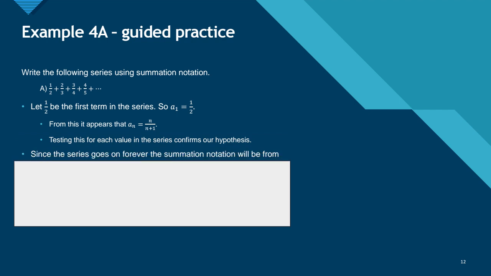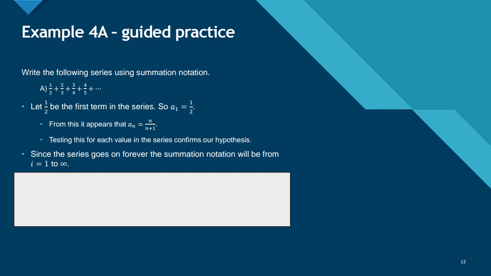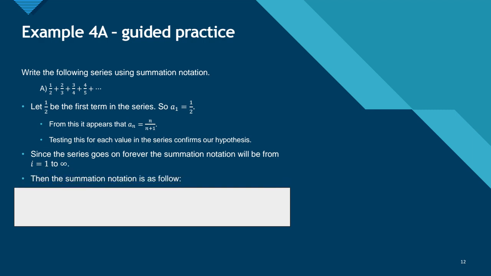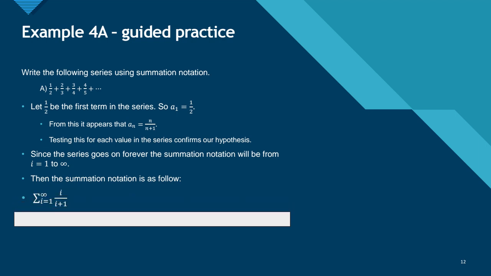And since the series goes on forever, given by the 3 dots at the end of the example, so we have 4 over 5 plus ... we know it's going to be an infinite series. So we're going from i equals 1 to infinity. And then the summation notation is as follows.